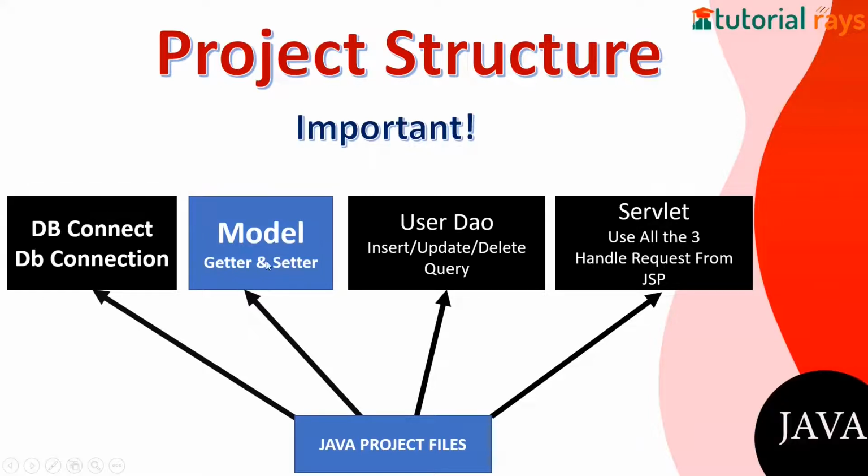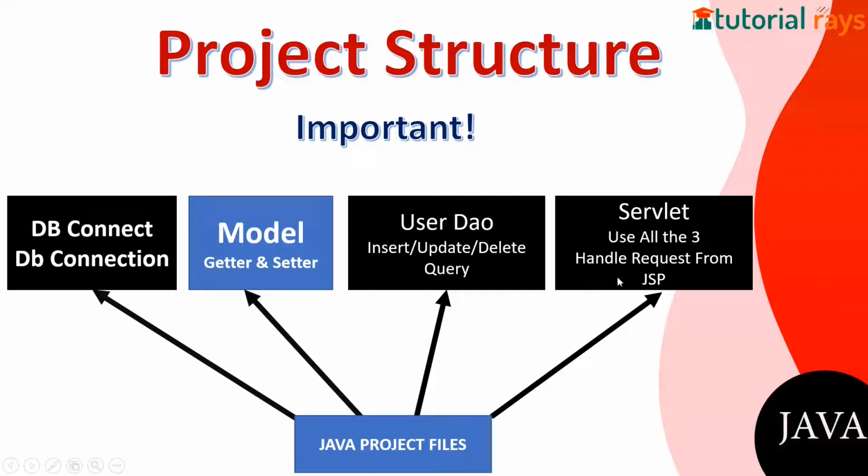The second one is the model, with getters and setters, for whatever data is inserted by the user; first it will be getting and setting, and that work is done inside the model. The third one is user DAO, or DAO, data access object. This class performs inserting, updating, and deleting.